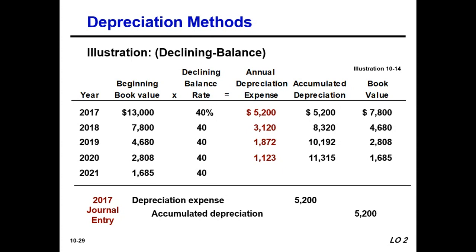Okay. Now, understand, I'm going to ask a question. What will be the book value in 2021? In 2021, rather I should say, what should be the book value? Can someone tell me what should be the book value?